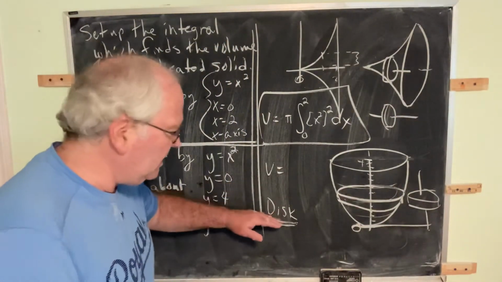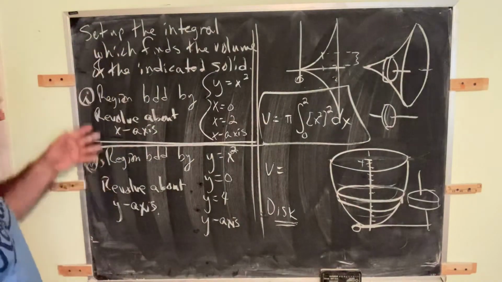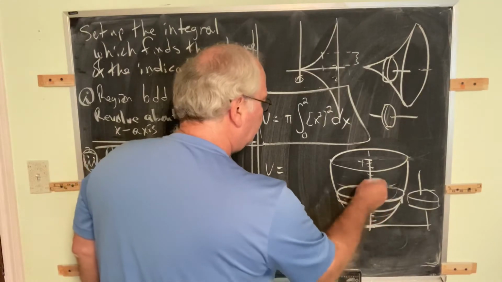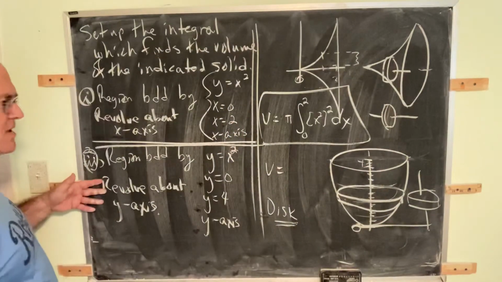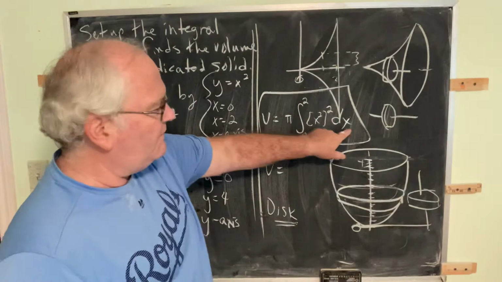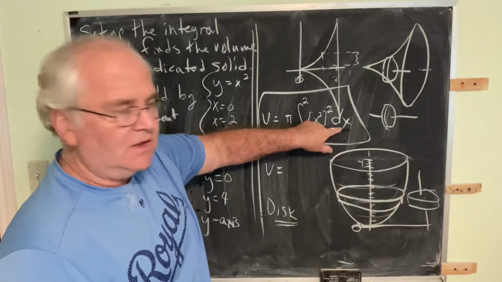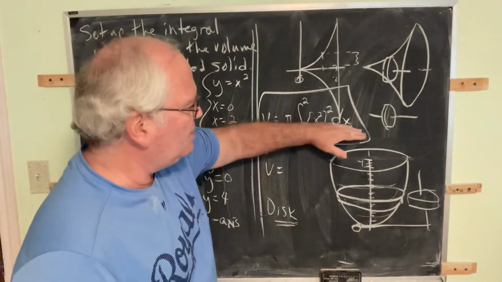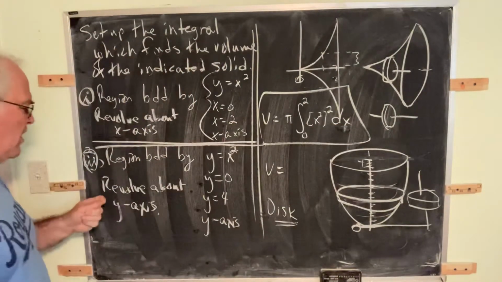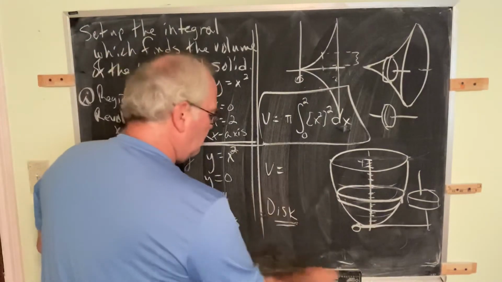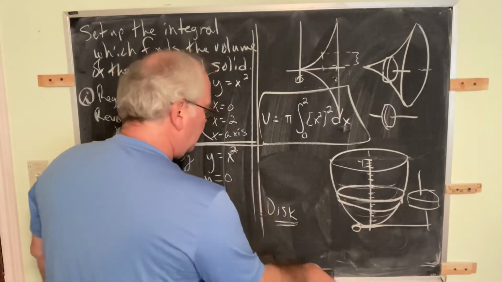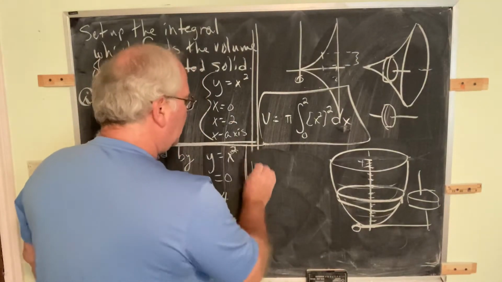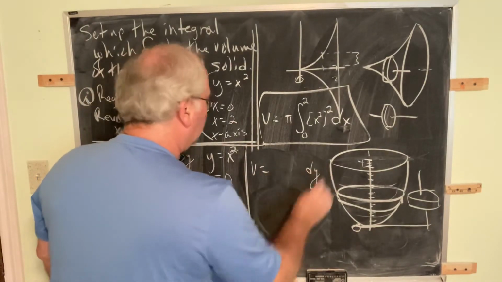And when we're working with the disk method, the axis of revolution is the axis of partition, which means the axis of revolution determines the variable of the integral. If you're revolving about the x-axis, the integral is with respect to x. Here we are revolving about the y-axis, so whatever else happens, this integral is going to be dy.